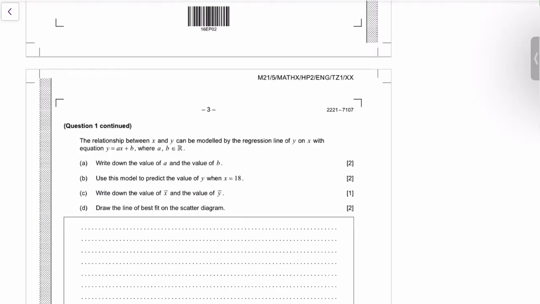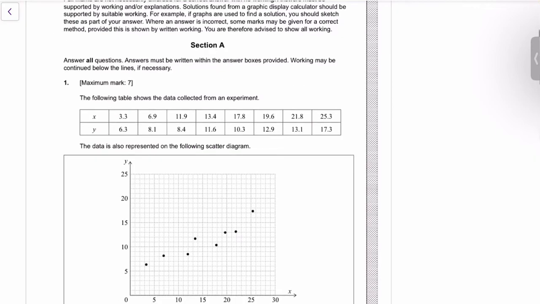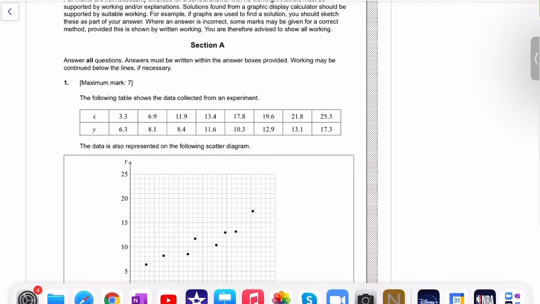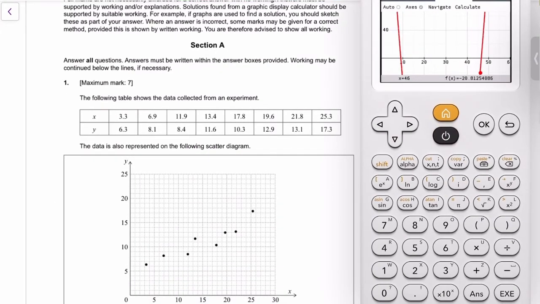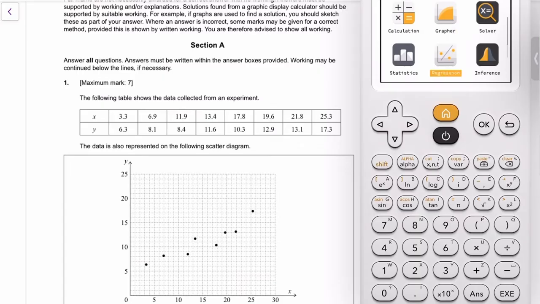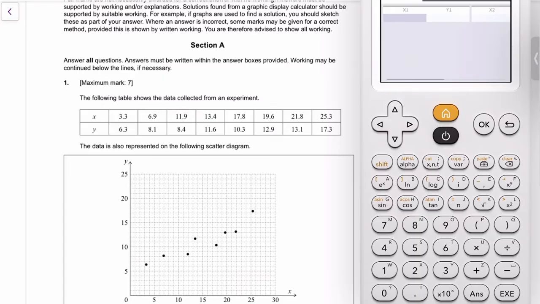Some scatter diagram. You're asked to find the regression line. So this is something your calculator would handle. You should figure out how to do it on your calculator. It's probably in statistics or spreadsheet.